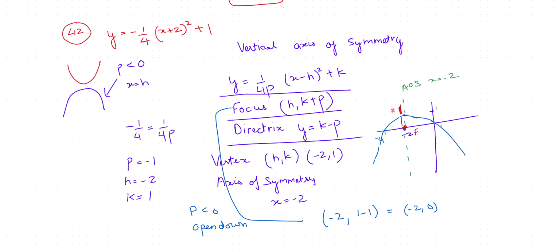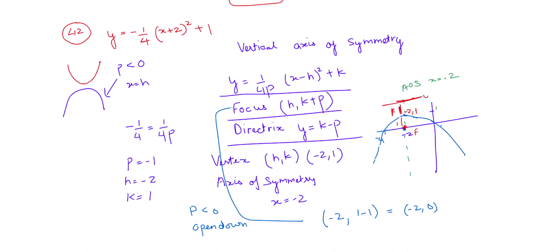This was -2 and 1. So the directrix will be 1 unit above the vertex. So it would be y is equal to 2.